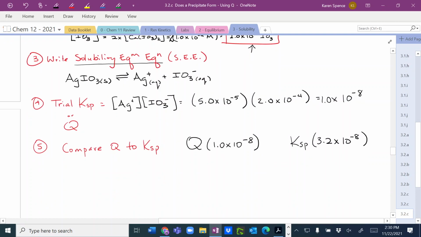So Q, is it bigger or smaller than Ksp? Smaller. So does that mean our ion concentration is too high, or is our ion concentration too low? Is it too small or is it too big? It is too small. Therefore, will a precipitate form?